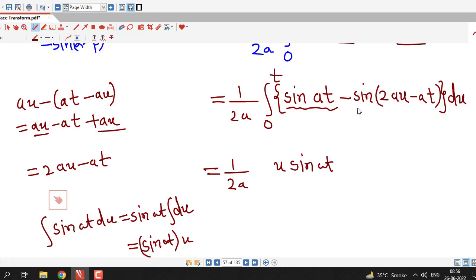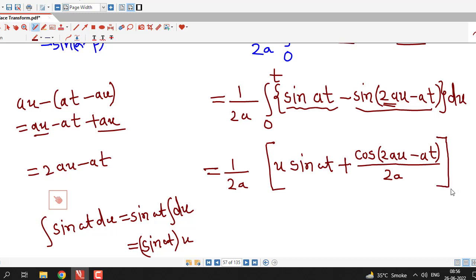And here the integral of sin(2au minus at), the integral of sine is minus cos, therefore negative negative will be positive, and here we write cosine of (2au minus at) divided by the coefficient of u, which is 2a. So here I must divide by 2a. Limits of integral are from u equal to 0 to u equal to t.